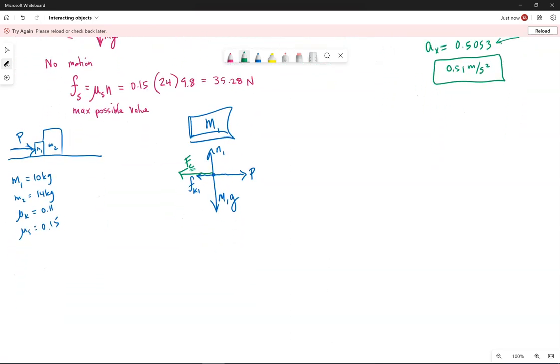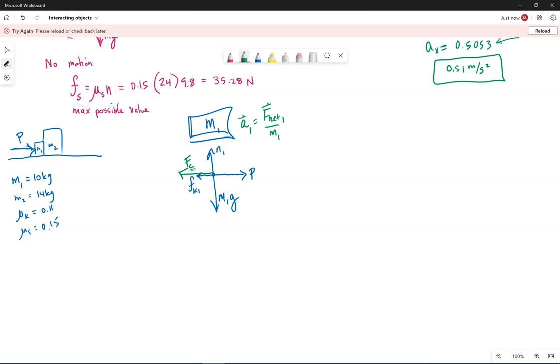Now the nice thing is the acceleration of box 1 depends upon the net force on box 1 divided by its mass. Newton's second law applies to any one object at a time.